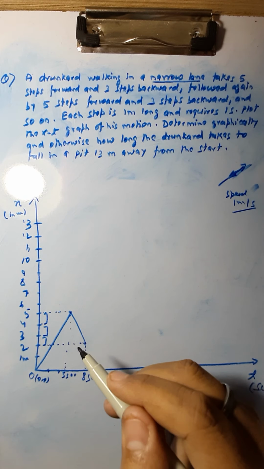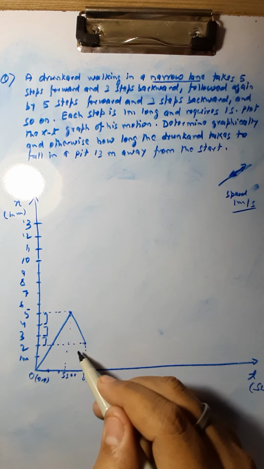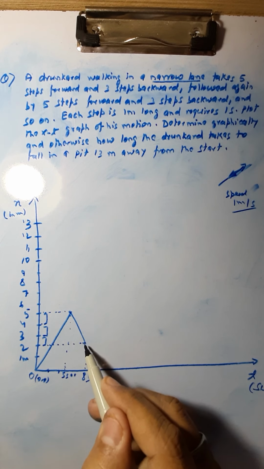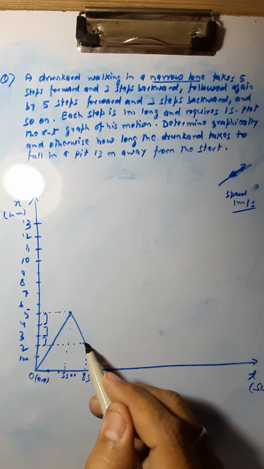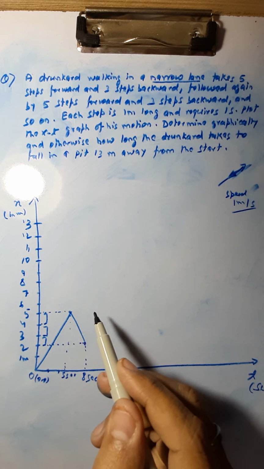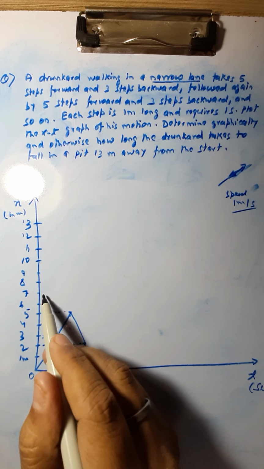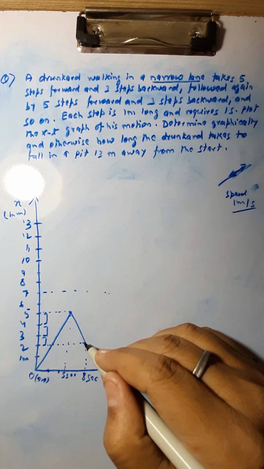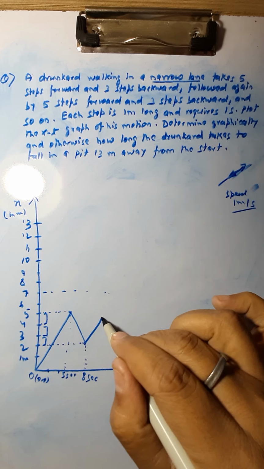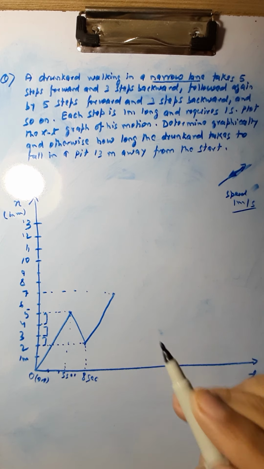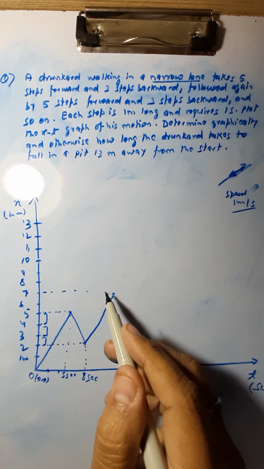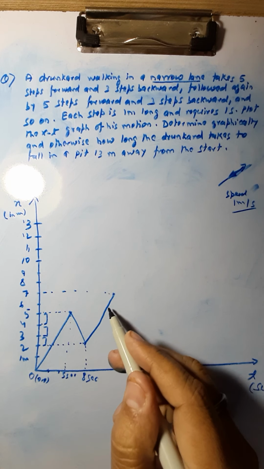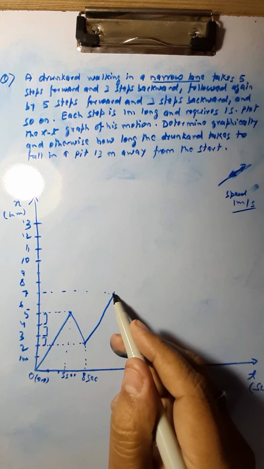And again he will take 5 steps forward. He is presently at 2 meter. 5 steps will take him to 7 meter. He will reach somewhere here. It will take 5 seconds more, and here it will be 13 seconds.